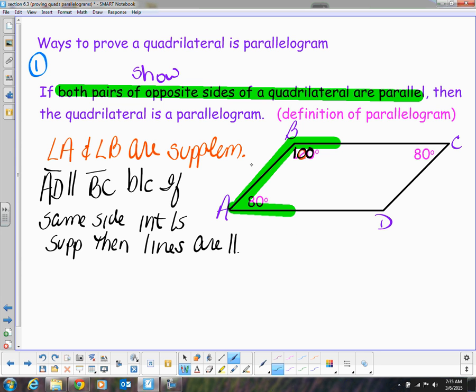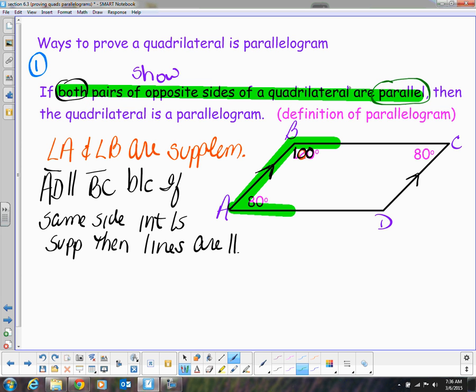So what we've just shown is that these are parallel. But what does this say? Does it say one pair? What does it say? Both pairs. Can you tell me something else? Okay, but I need both pairs of opposite sides what?